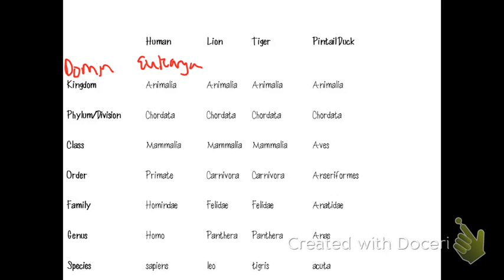So if we look at the first row, it's easy to see that all of these organisms I've listed, from humans, lions, tigers, to our pintail duck, we all fall into the kingdom of Animalia. After that, we look at our phylum, and this is our subcategory of our kingdom, and you see that all of these were in the phylum of Chordata.